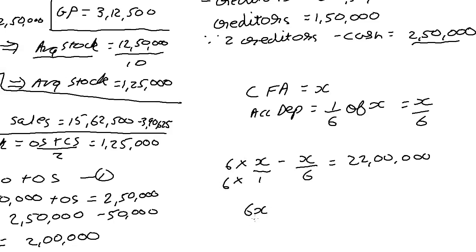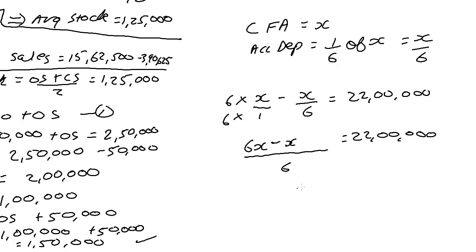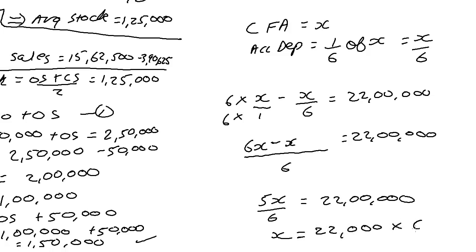So I get 6x by 6. Now the moment the denominator becomes the same, then they can join also like this. Alright, so 6x minus x is equal to 22 lakhs. Okay, and solving it further, I'm going to get 5x upon 6 is equal to 22 lakhs, and therefore x is equal to 22 lakhs into 6 upon 5.